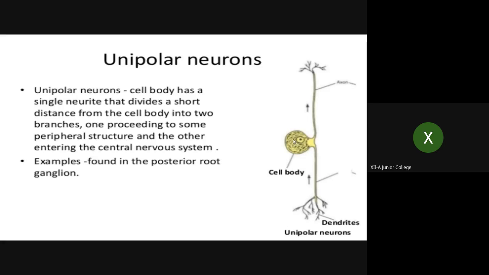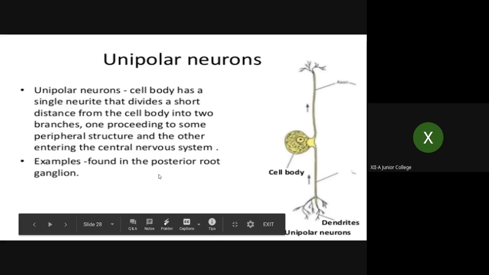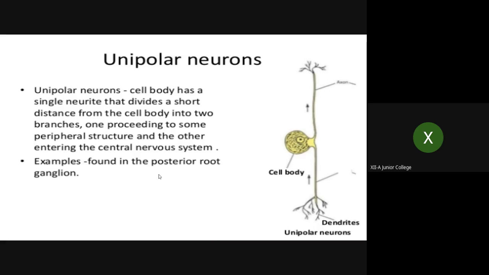So it has only one pole, that is what is called unipolar. Unipolar neurons have a cell body with a single neurite that divides a short distance from the cell body into two branches, one proceeding to some peripheral structure and the other entering the central nervous system.